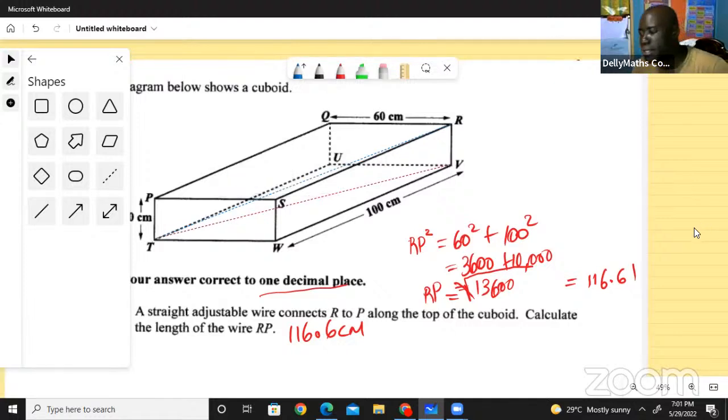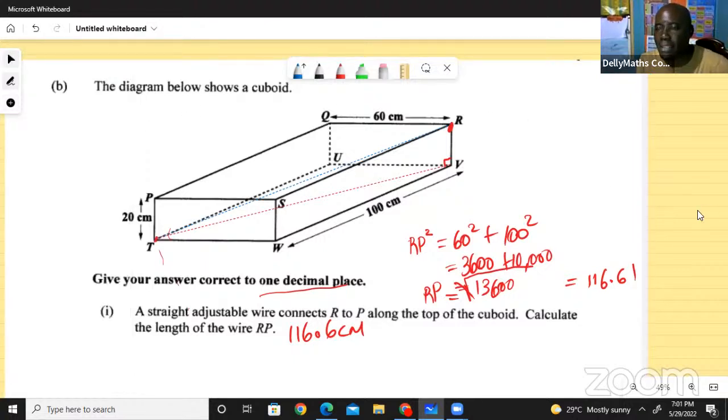So what happened is that the red line on the floor links with this to get a right angle right there. And the blue line coming from up at the top comes down to the ground here. So you can see it's coming through your room on the ground. It's another right angle triangle that you're getting. And with that right angle triangle, you do realize that this is still 20.